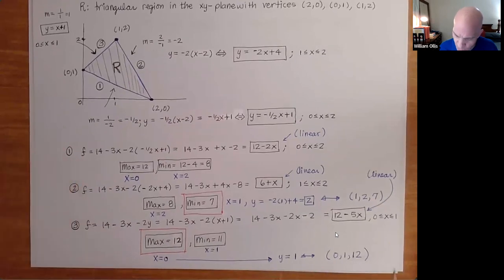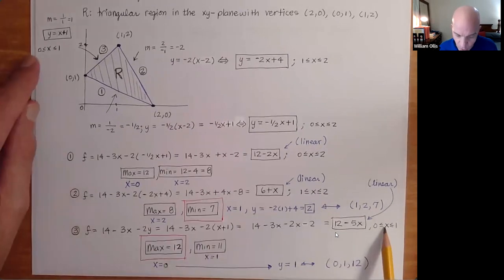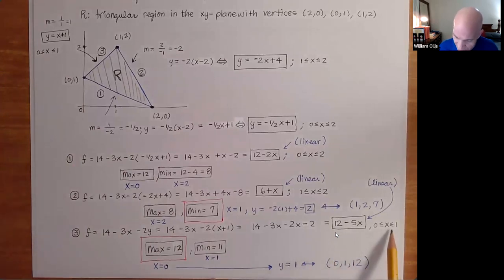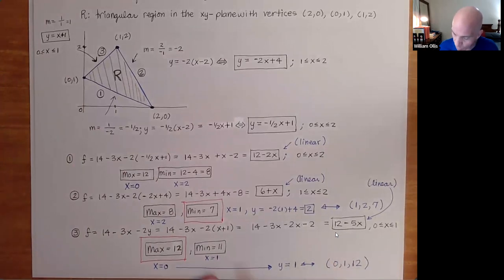Now notice in this particular case, x is running from 0 to 1, but again, this is a decreasing function. So the maximum will be at the left endpoint and the minimum will be at the right endpoint. So again, when x is 1, we get the minimum of 11, and when x is 0, we get the maximum of 12.